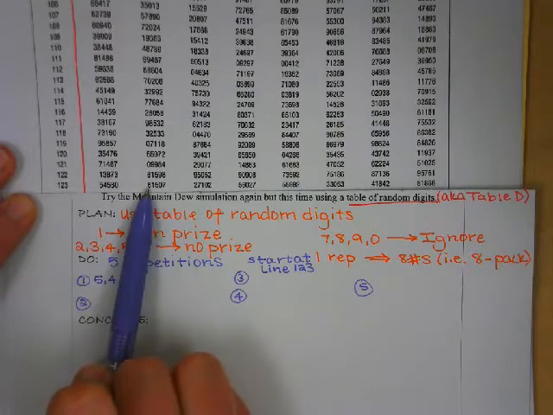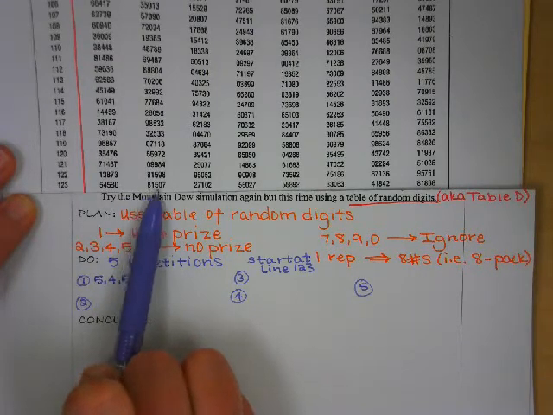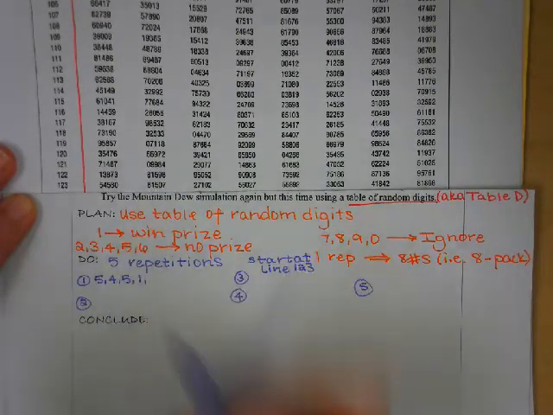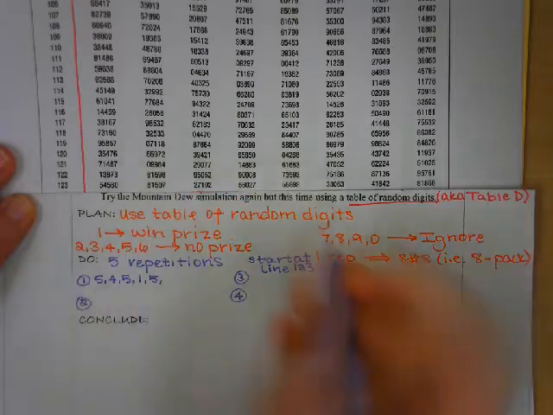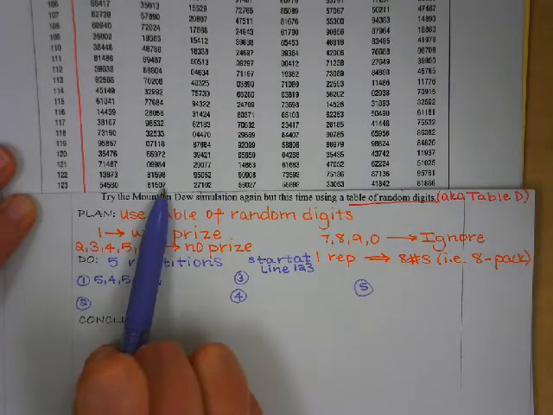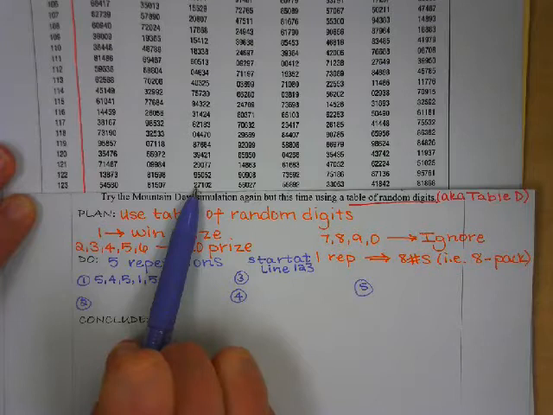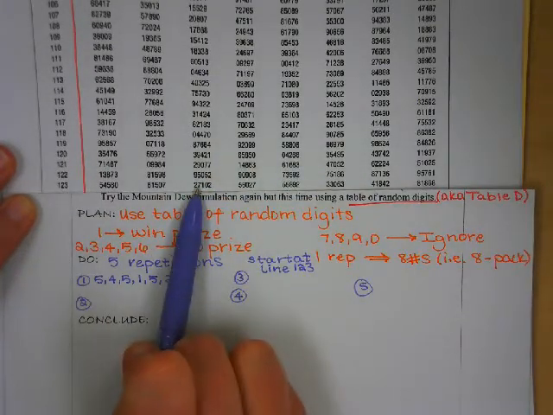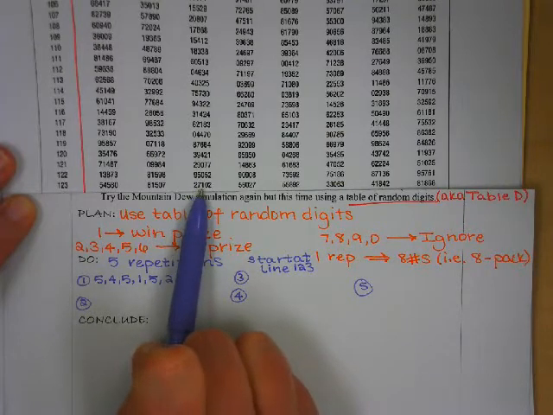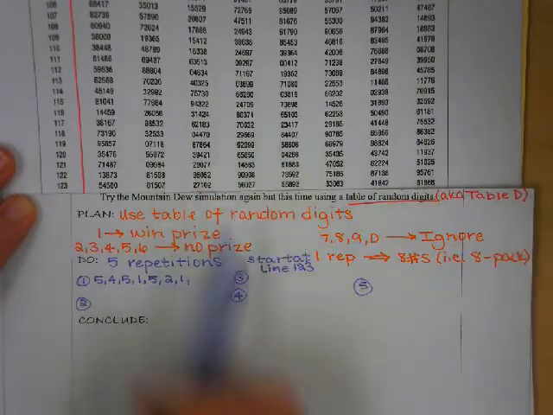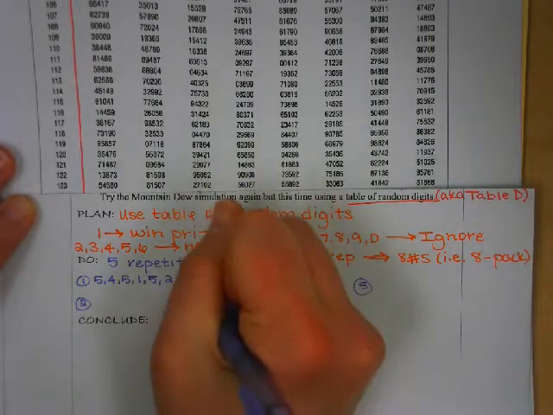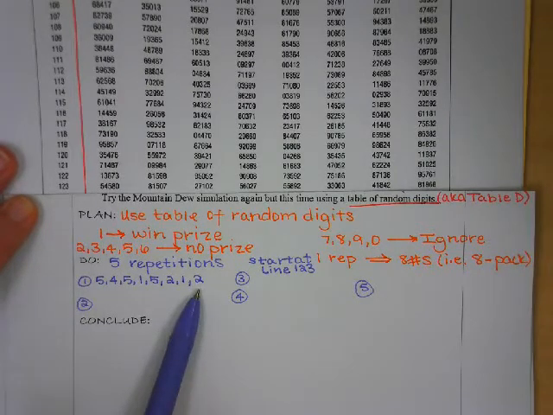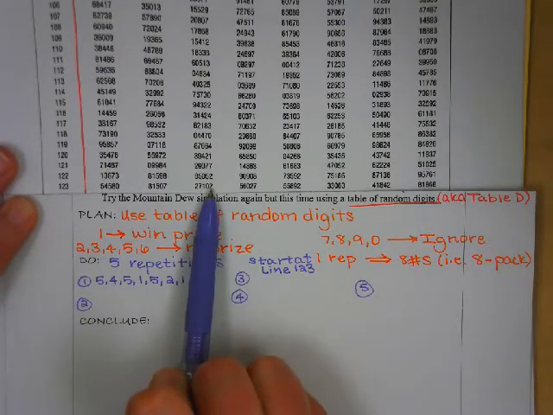Then I cross over. 8 I ignore, 1 I use, 5 I use, 0 I ignore, 7 I ignore. Then I come over here, 2 I use, 7 I ignore, 1 I use, 0 I ignore, and then 2 I use. And that finishes my first repetition. I have 8 numbers. So I finished repetition 1 right there.